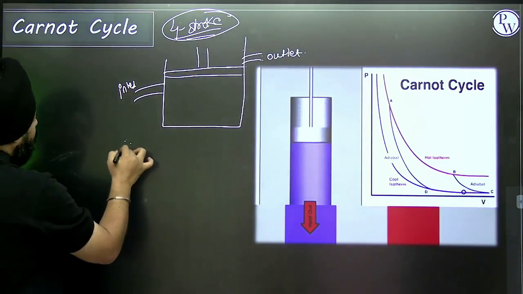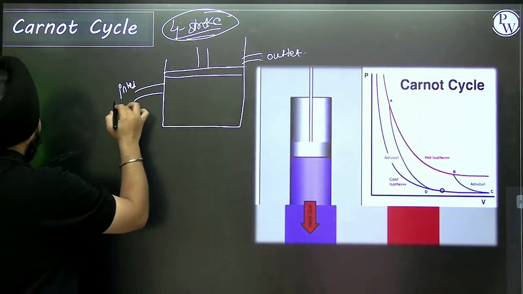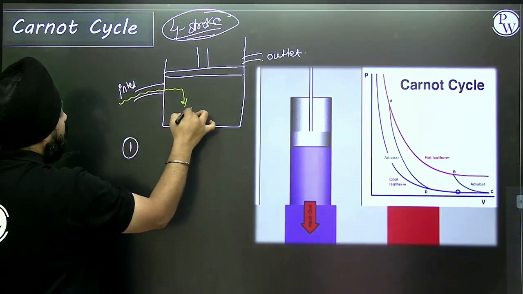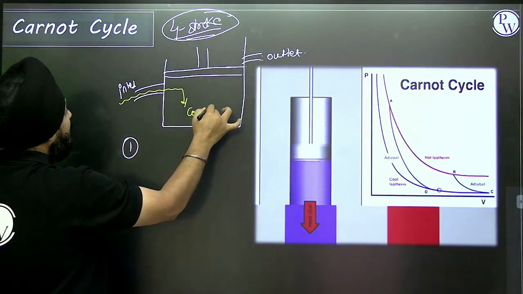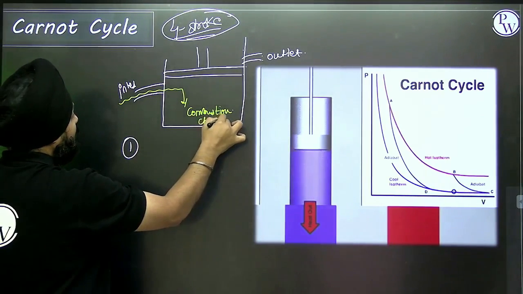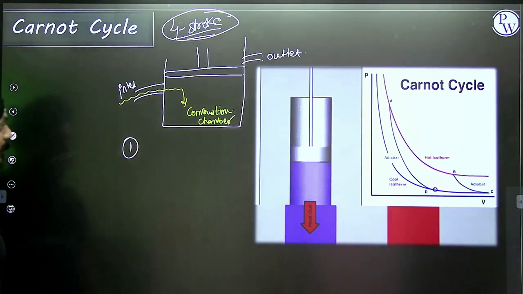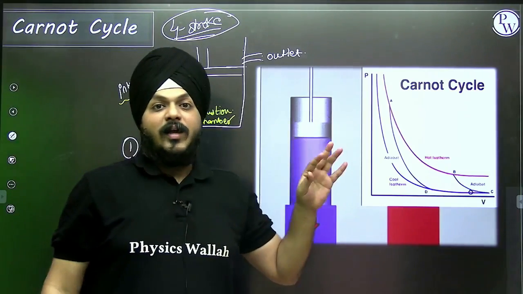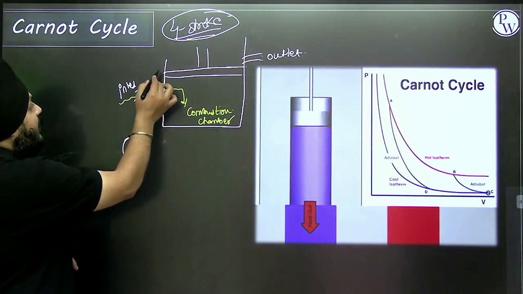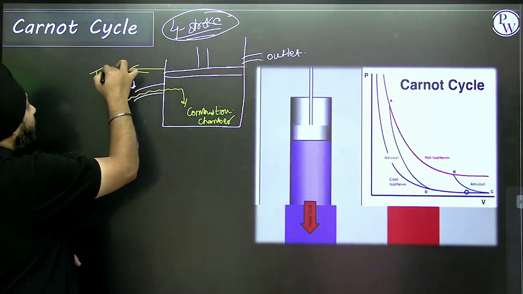Stage 1. The fuel is getting inside the combustion chamber. Now, whenever the fuel is getting inside, this chamber is thermally insulated, you all are aware of.